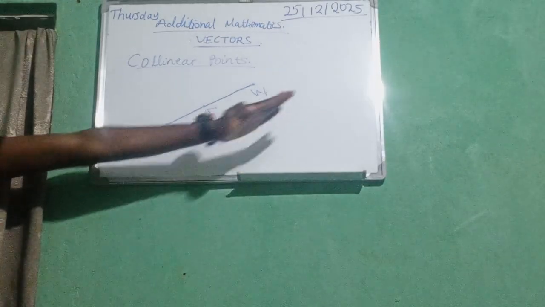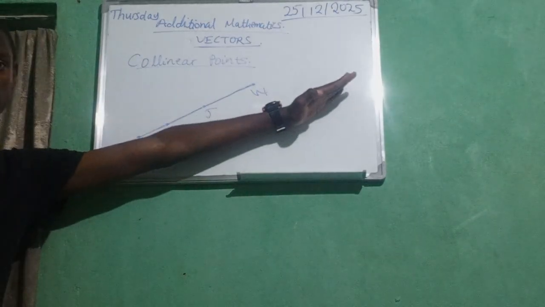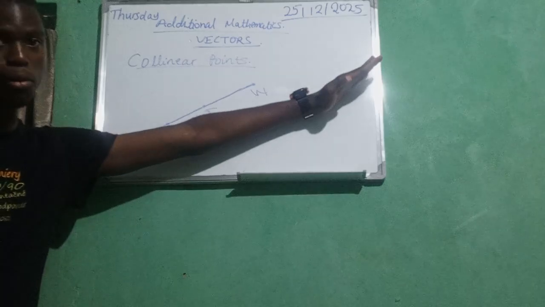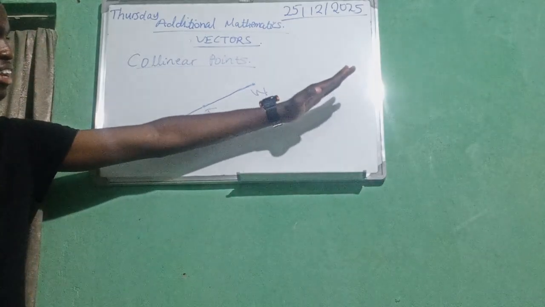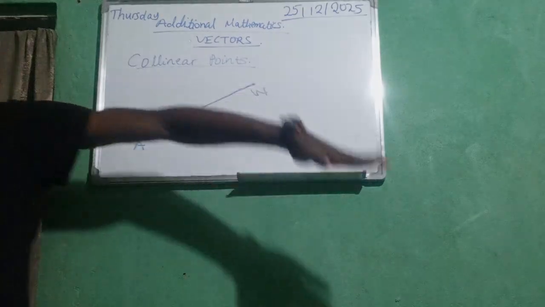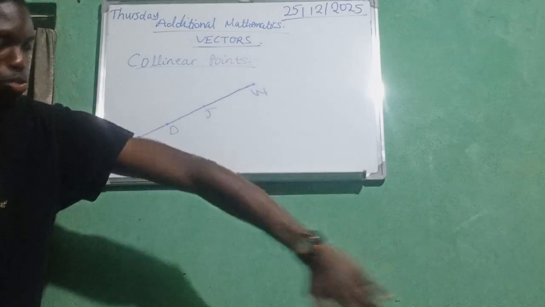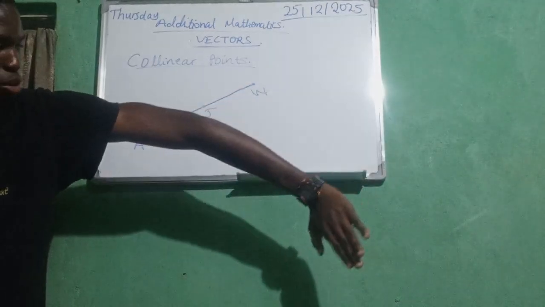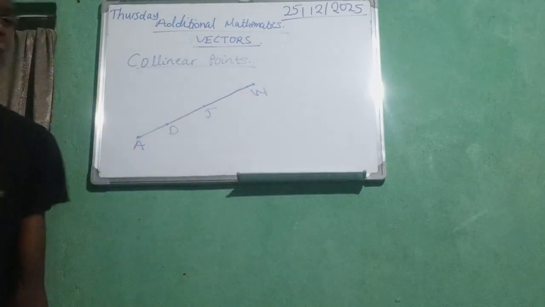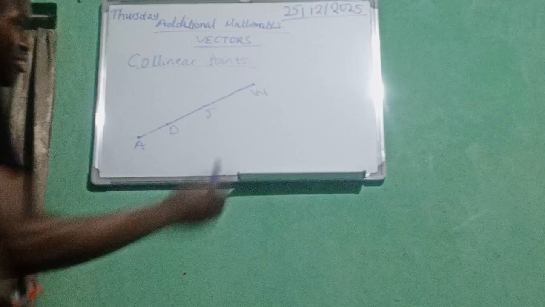It's going like that, so it is representing a positive slope. A line can slope like that. It can also slope downwards like that.